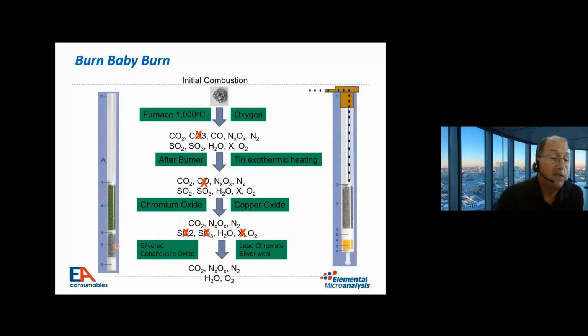And then we pass either through silver cobaltic oxide or lead chromate, which actually now today they use silver wool, and this will get rid of chlorides as well as some of the sulfur oxides. The lead chromate really works well getting rid of sulfur. However, it's no longer used due to its toxicity in the lab. But my slides are that old that I still have it in there.